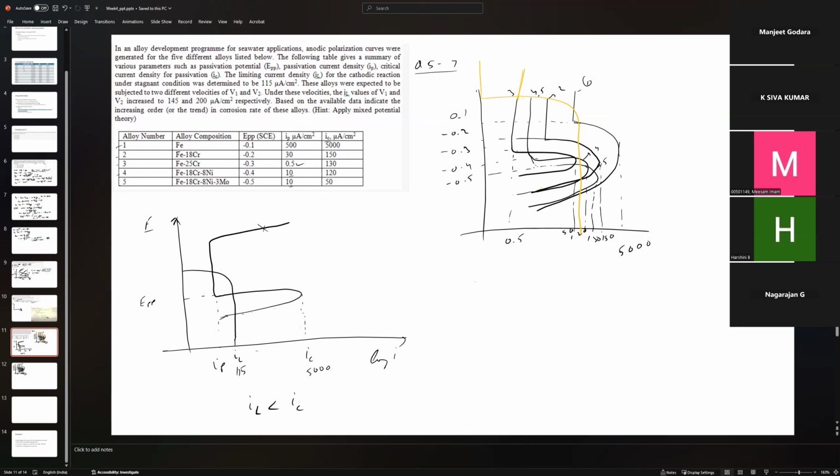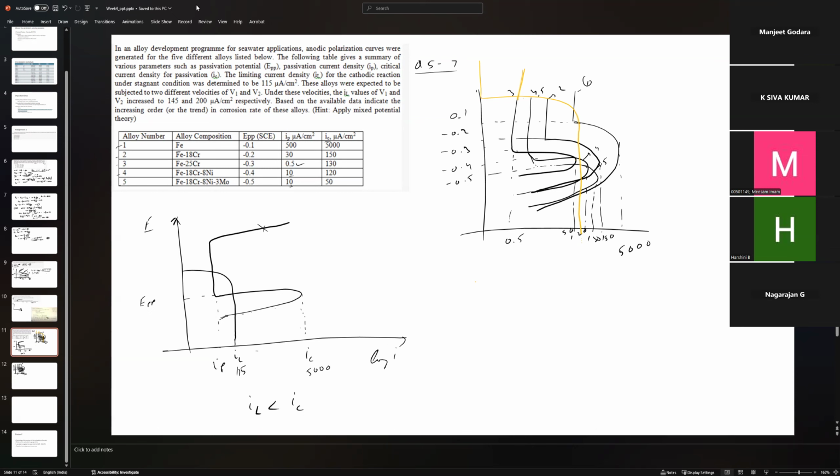So in those samples, active corrosion will be taking place, and the current density will be almost similar. It's diffusion limited, so it's vertical, and that would be the corrosion current density.